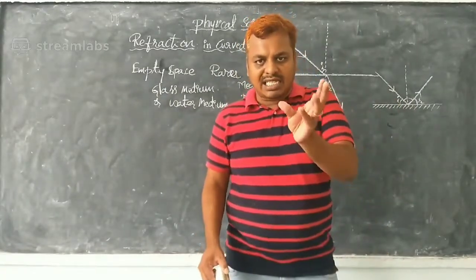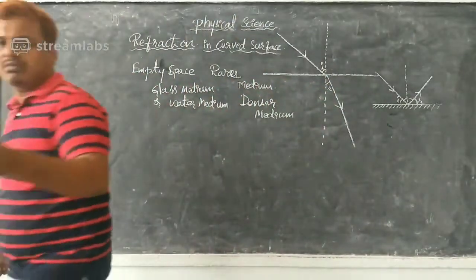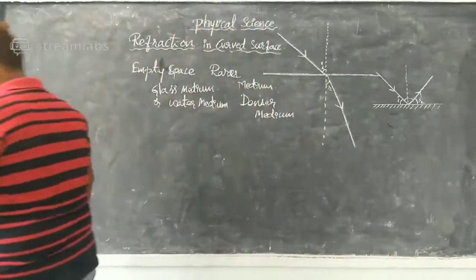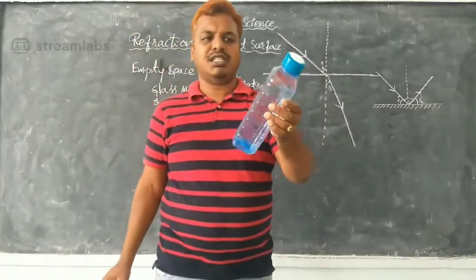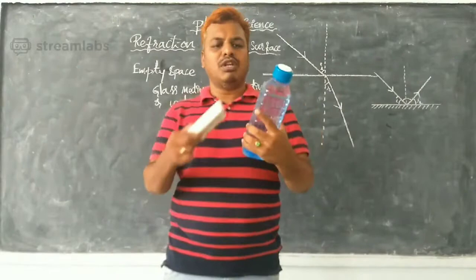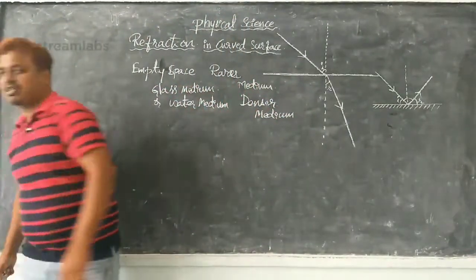If we take a glass slab, this is a glass medium. Now I have water. You can see this is the water medium. Through this water or through the glass medium, you will see the object in a different shape from the actual shape.